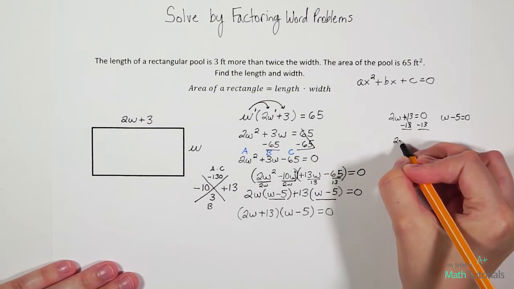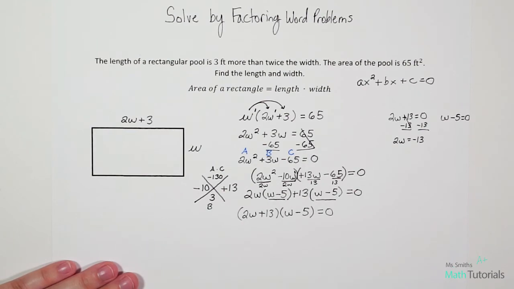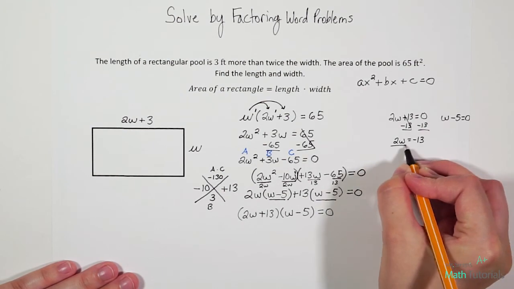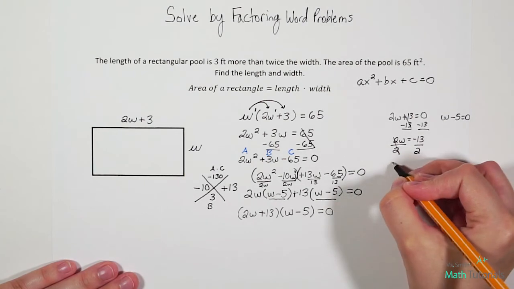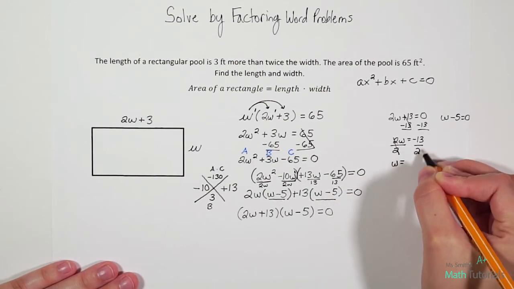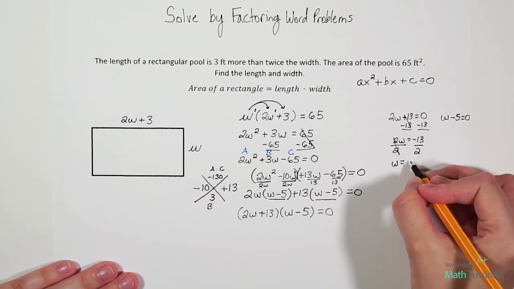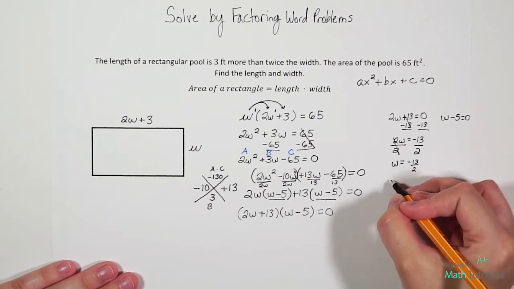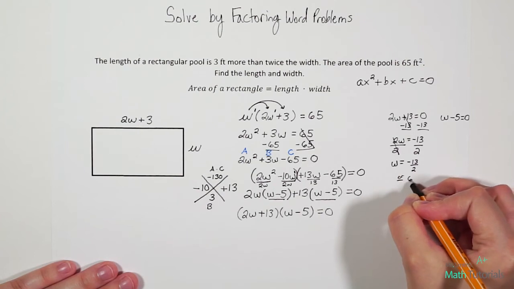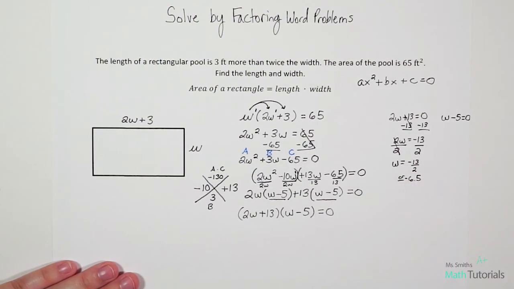And now I just have 2W equals negative 13. And then I want to get W alone, so I divide by 2 on both sides. And W equals negative 13 over 2, that does not reduce. I could write it as a decimal, so I could write it either as negative 13 over 2 or negative 6.5, right? Either way is fine.